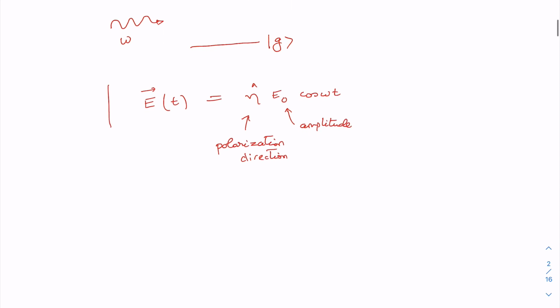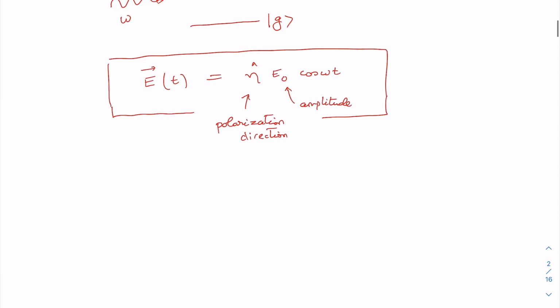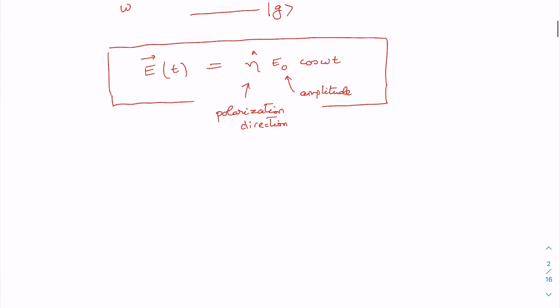While writing this expression, we are neglecting the spatial dependence of the field, and we can do that if we assume that the wavelength of the laser is much longer than the size of the atom.